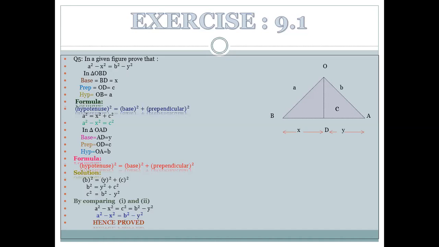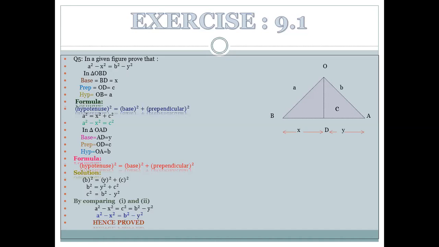According to OBD, base is X, perpendicular is C, and hypotenuse is A. Apply here the Pythagoras theorem. Hypotenuse square is equal to base square plus perpendicular square. So A square is equal to X square plus C square.